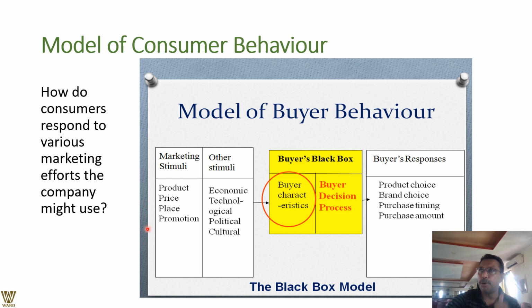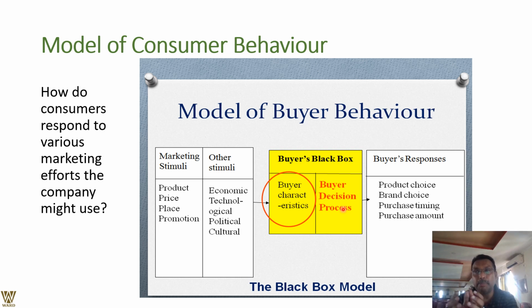Let us focus on product, price, place and promotion, and then there are other stimuli also: the economic stimuli, the political stimuli, and the cultural stimuli that get associated with the product per se. This has a propensity for the customers to make a decision and come to a particular behavior, and that is what we would like to look at: the buyer's decision process.